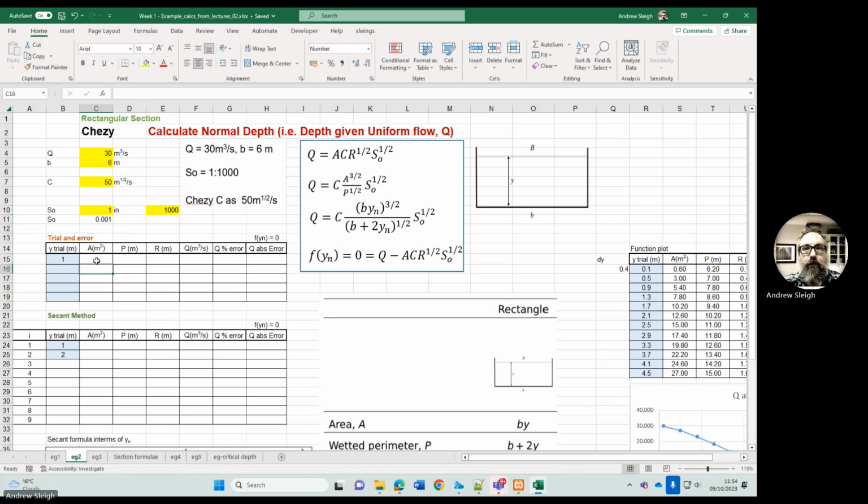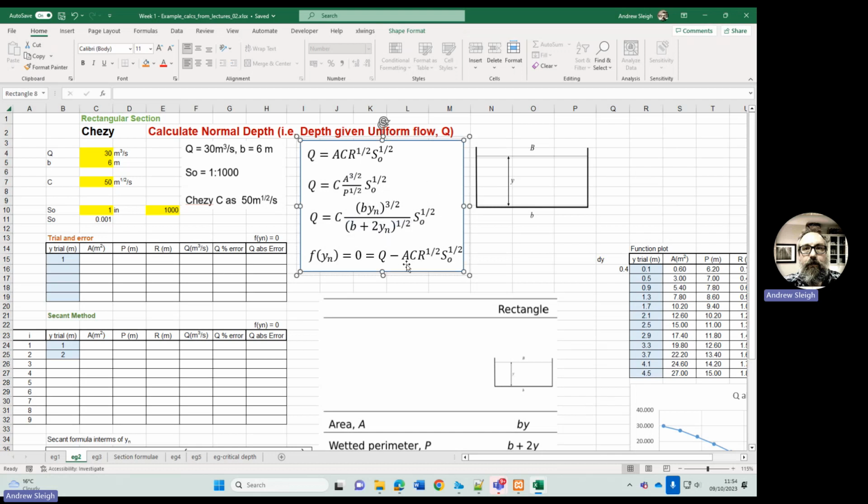Now, because we need to calculate the depth that satisfies this equation, well, we could expand the equation with the R as A over P, include the other A, but that's more complicated. We could see it's a rectangular channel, so we could put in the formulas for the A and P in here and try and calculate this YN.